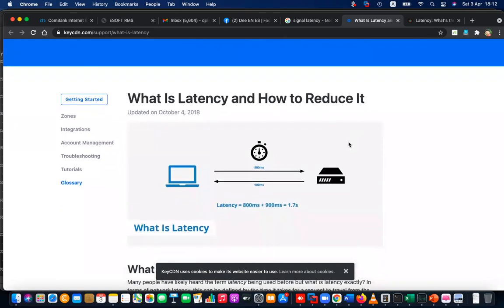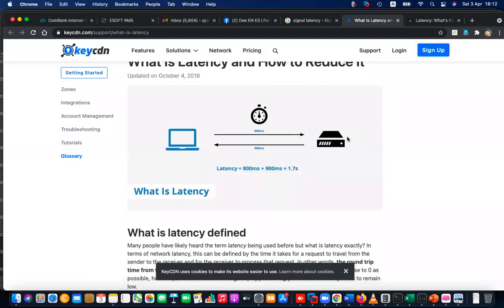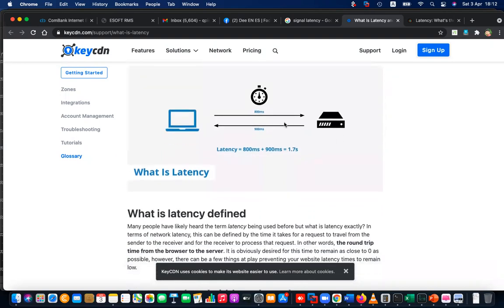The term latency refers to when you are sending a signal from a computer to some other device, let's say a router or some other component. Latency is basically the time taken for the signal to travel in a bidirectional way. This signal will go and reach the destination in 800 milliseconds, and to get the response, it will take 900 milliseconds.